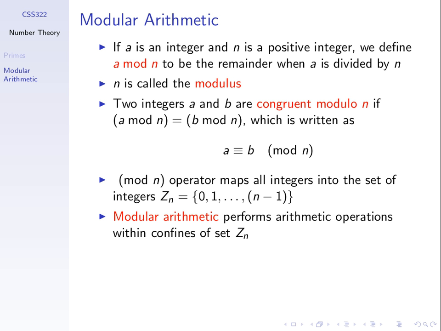So 3 and 11 are congruent modulo 8. That's the simple concept there.